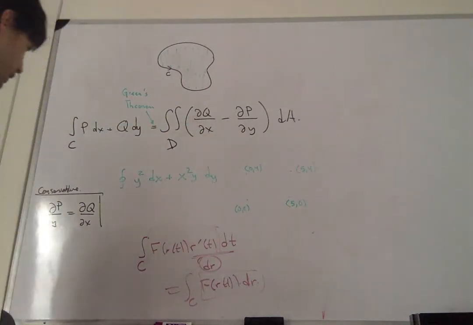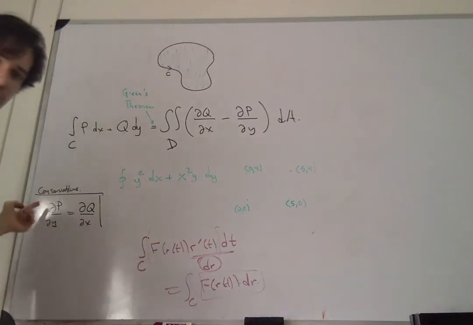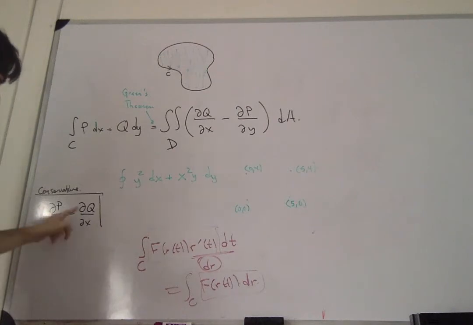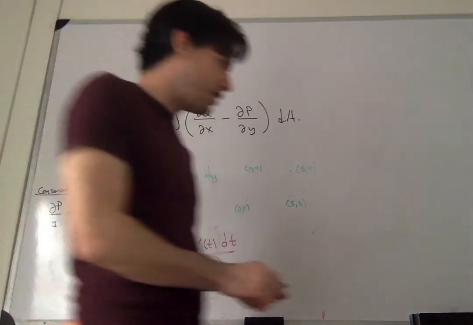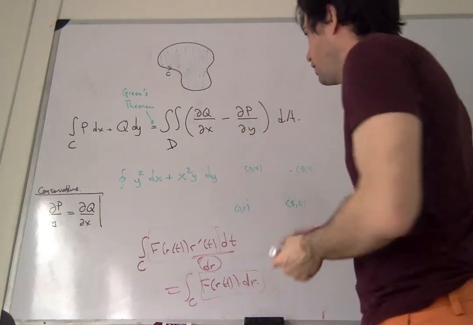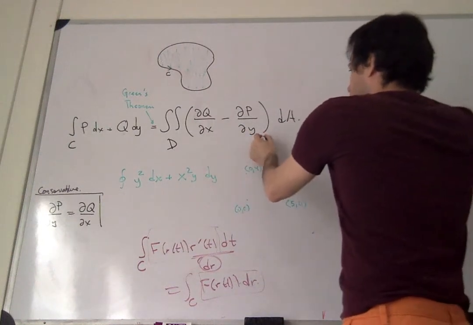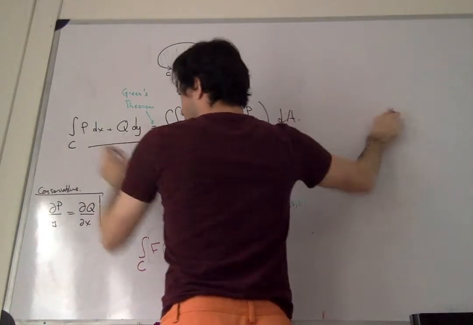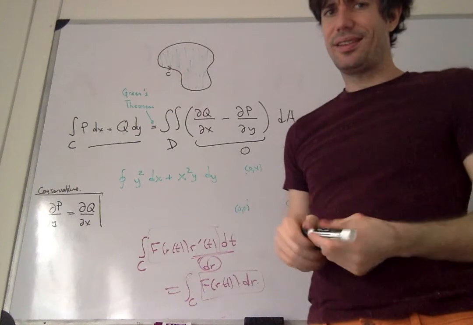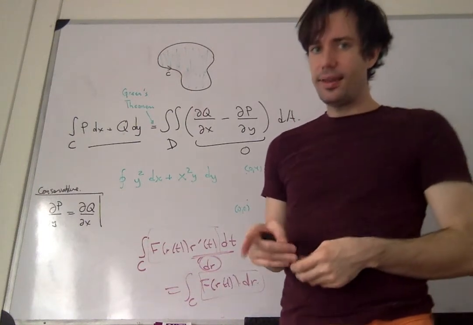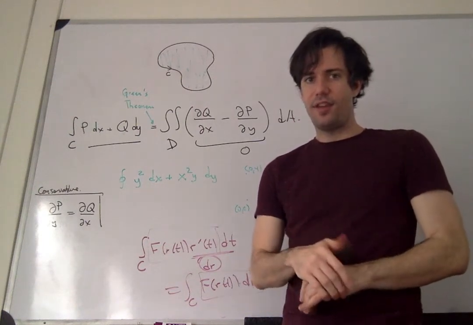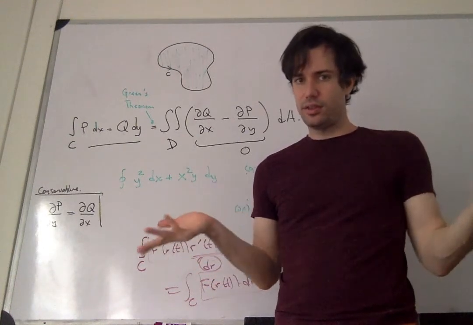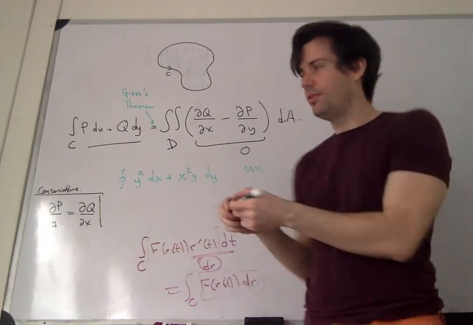Well, it turns out that, remember, if you have a conservative vector field, you have del P by del y equals del Q by del x. So what does this tell us? Well, if you have a conservative vector field, then this whole thing is going to equal 0. But that's really not a surprise, because I previously said that if you have a conservative vector field, the closed loop is going to equal 0, right?